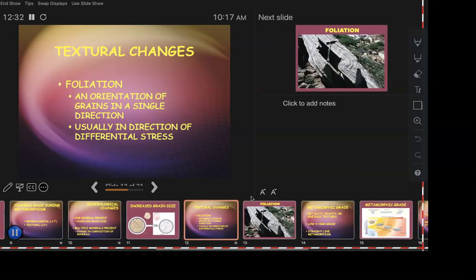All right. Vocabulary word. Foliation. When we talk about textural changes, they're going to use the word foliated. Foliation is an orientation of grains into a direction. That direction is usually that of the stress. Remember pushing on those cards? Which way are the cards going to go? Well, the way you're pushing, of course. Okay?